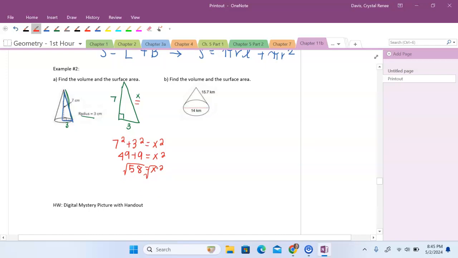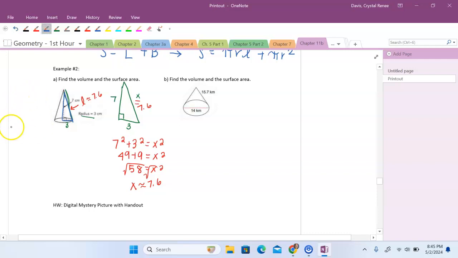Let me put that into my calculator. Square root of 58 gives me roughly 7.6, so our slant height L is roughly 7.6.